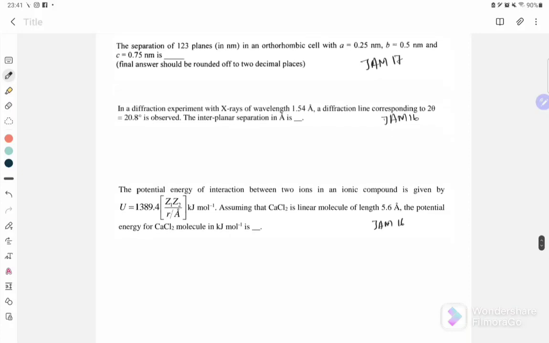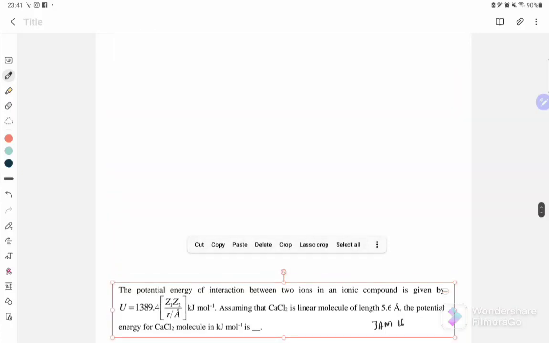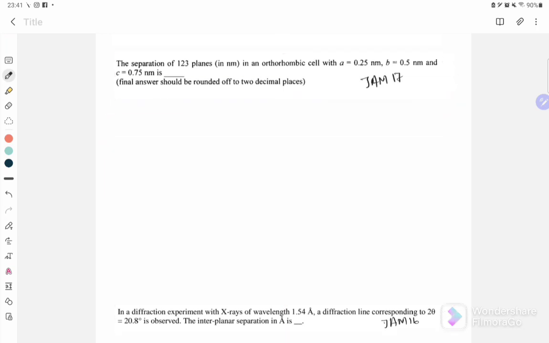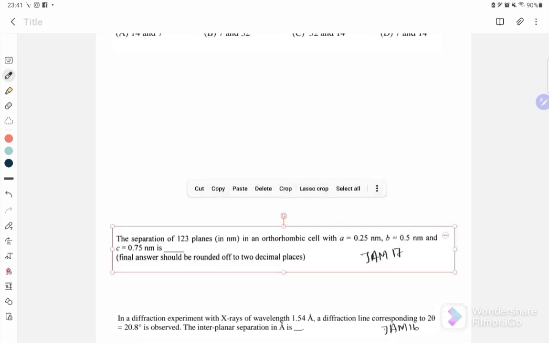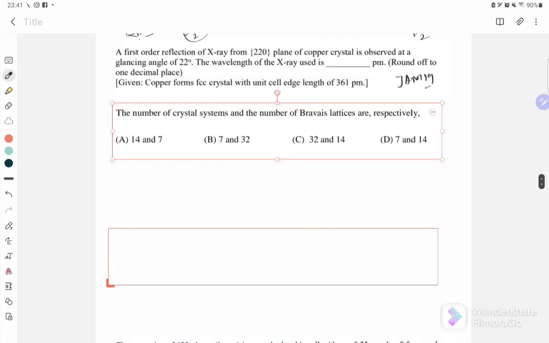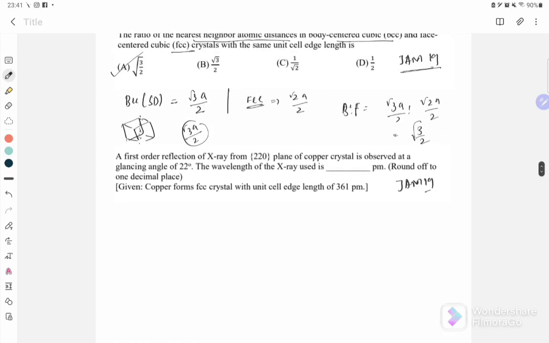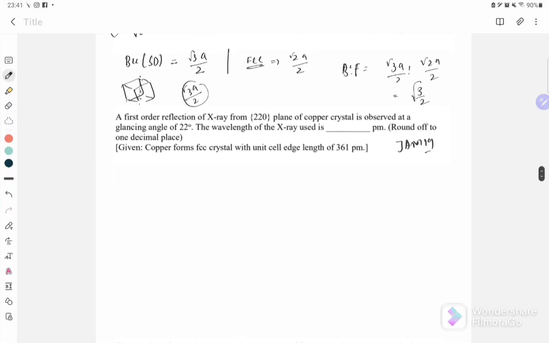Our next question is from X-ray diffraction, which is very important. This came in JAM 19.